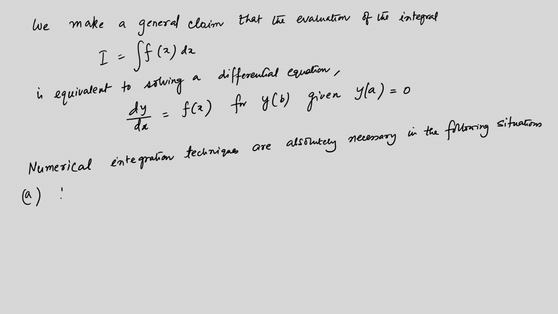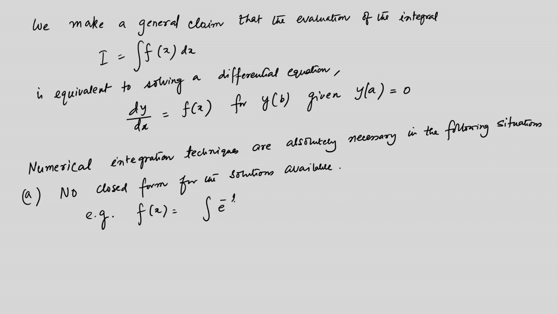One is that no closed form for the solution is available. What I mean to say is, for example, f of x is equal to the integral of exponential of minus t square dt, from say 0 to some x.